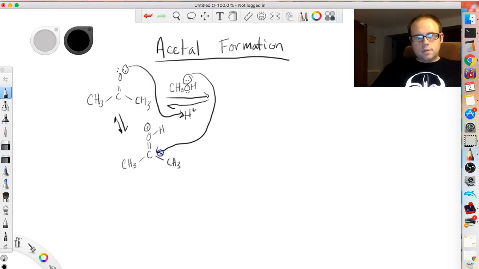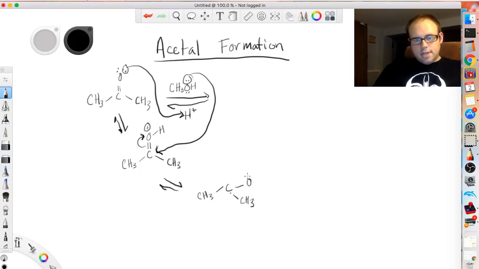And in this case, the incoming nucleophile is going to be the alcohol itself. That'll come in to the carbonyl group, which will make room by releasing a set of the pi electrons up to the oxygen. So once we're at this step, what we end up with is a protonated alcohol that came onto that carbon. Let's move the CH3 down here. So here's where the alcohol came in.